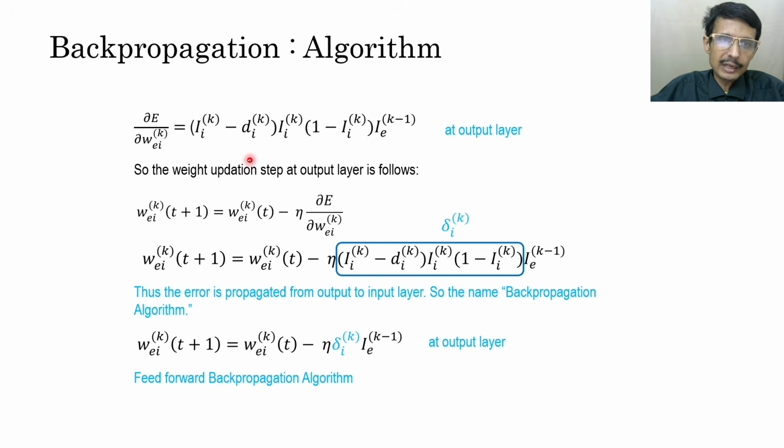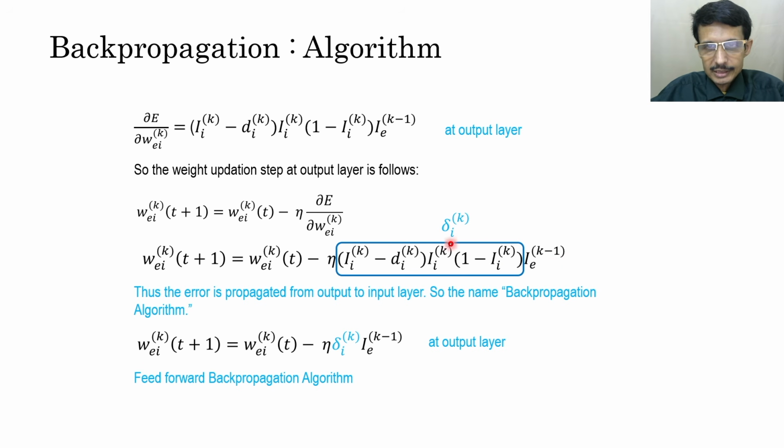So at the output layer, this is the error gradient. If we use it in the weight update at the output layer, it is W_ei at t plus 1 equals W_ei at t minus the learning rate times this error gradient. We put this error gradient here, and it becomes this.